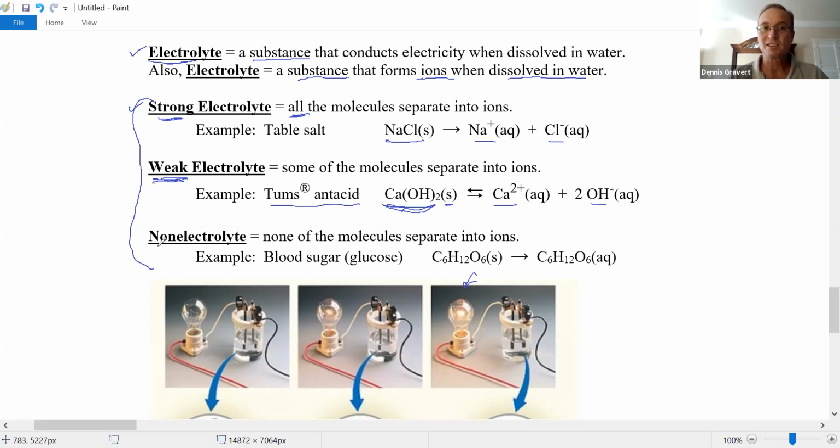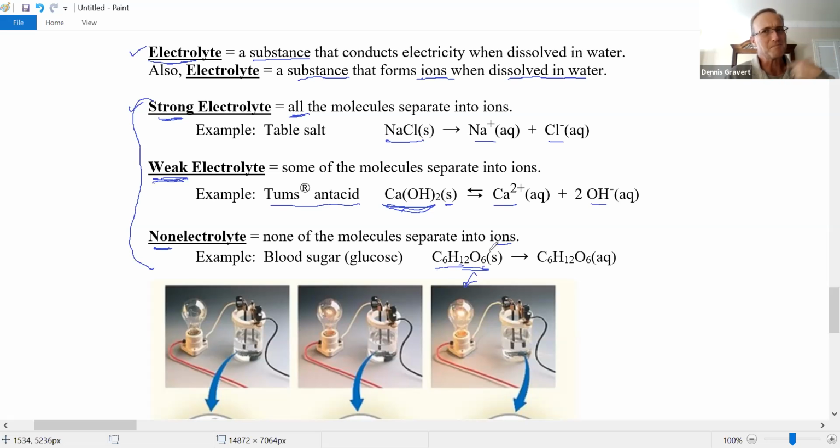And then there's some that just don't separate at all because they're not ionic. So here we got blood sugar, glucose, and there's a bunch of carbons, hydrogens, oxygens. They're all nonmetals. Nonmetals bond to nonmetals by covalent bonds. So this molecule doesn't break down to form ions at all, but sugar does dissolve in water. That's a good thing.